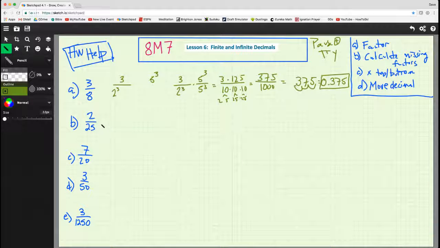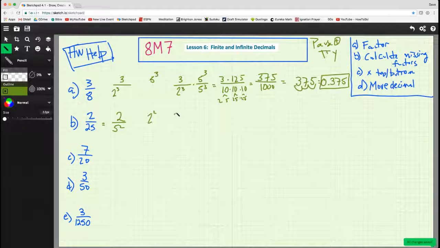2 over 25, so here we get 2 over 5 squared. So we're going to multiply by our 5 squared. Nope, sorry. What's missing? A 2 squared is what's missing. Let's just write the whole thing out. What's missing is our 2 squared.